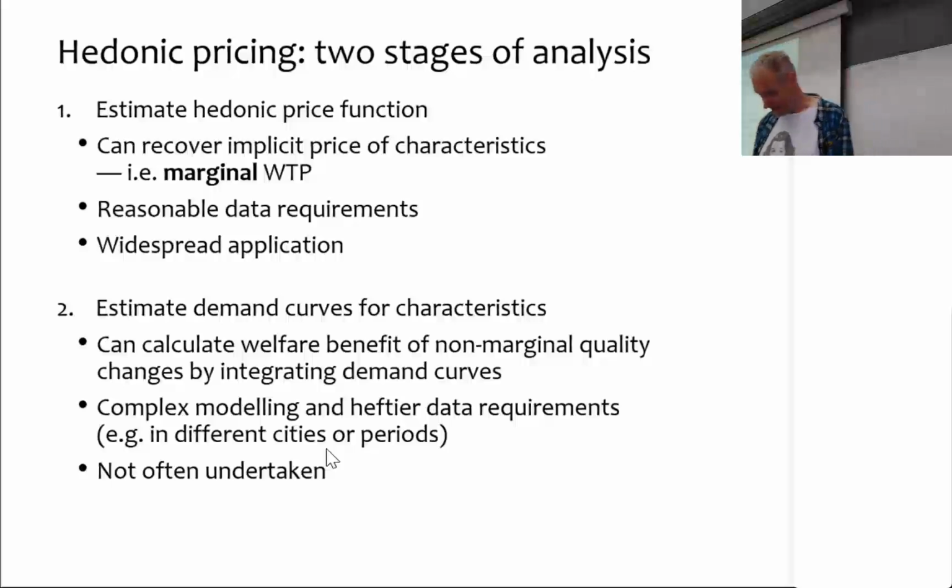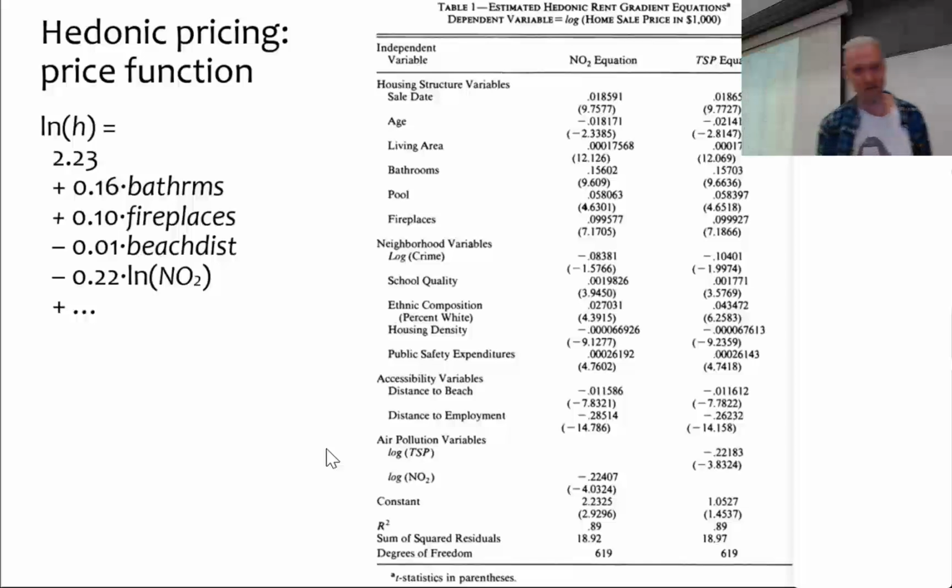So you can estimate the demand curve, right? And here we see an example of that. This is an example from the United States, but I am not sure which city we're in, but that doesn't matter, or what year we're in. So you observe house prices, you observe all these characteristics, and then you can just estimate this equation, right?